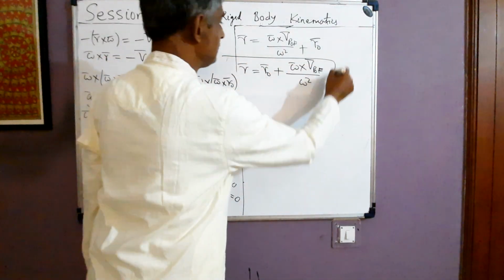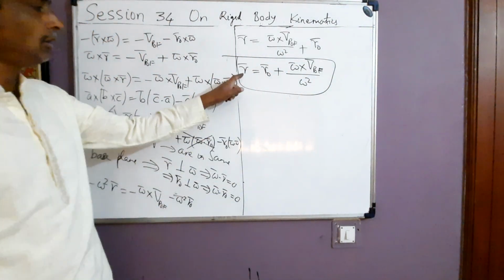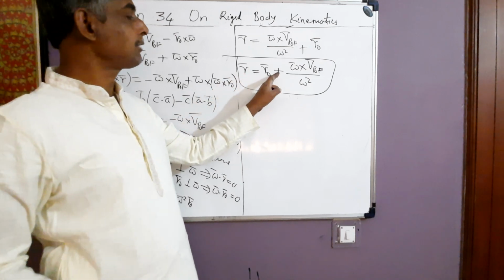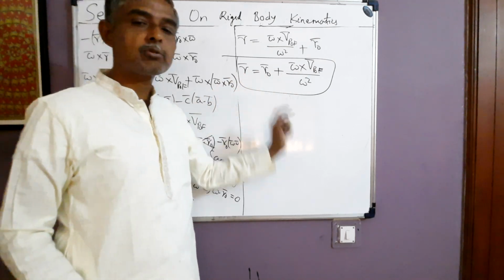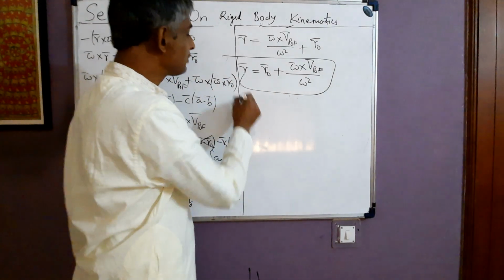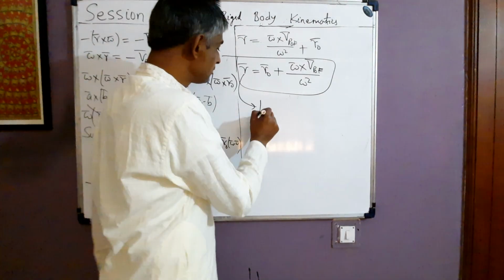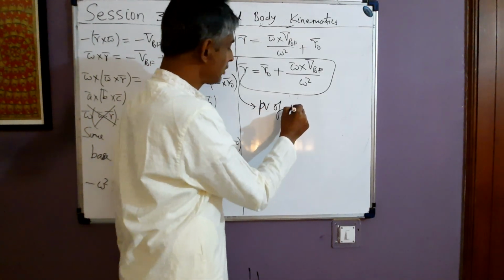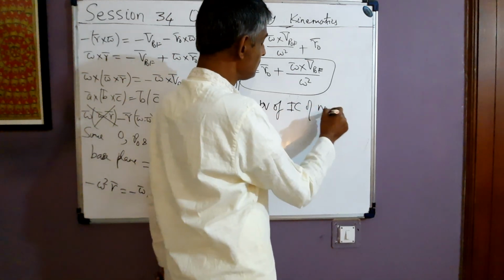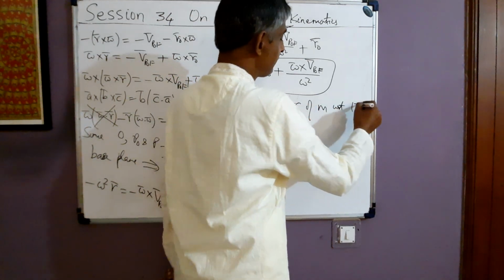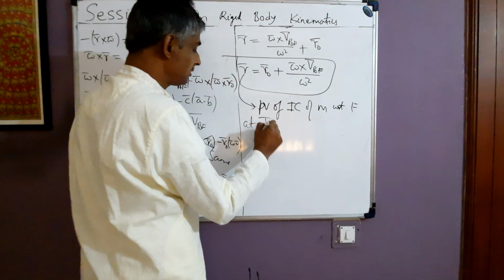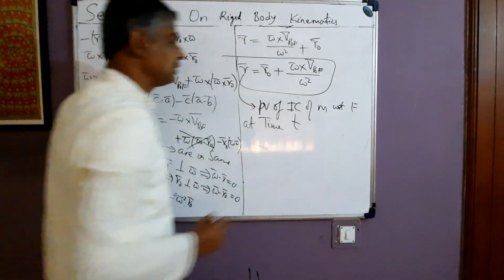See, this is the position vector of that location P of n, which is at rest with respect to F at time t, and by definition this is the position vector of IC of M with respect to F at time t.